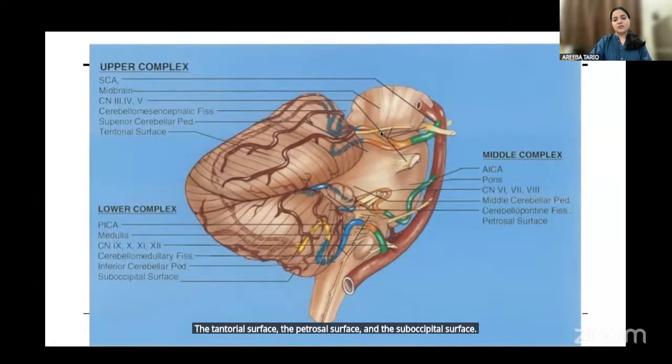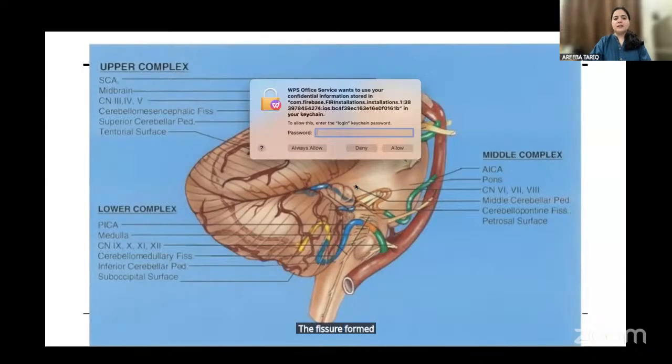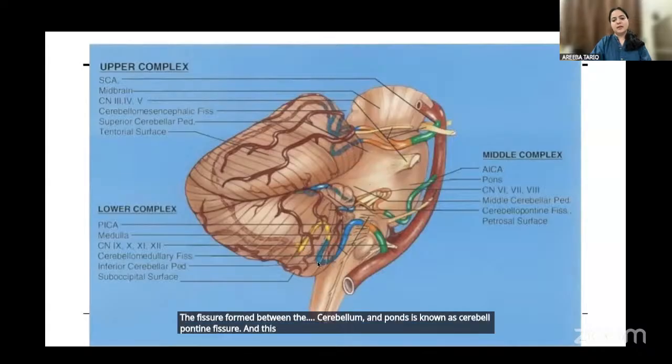There are 3 fissures. The fissure between the cerebellum and the midbrain is the cerebello-mesencephalic fissure. The fissure between the cerebellum and pons is the cerebello-pontine fissure. And the fissure between the cerebellum and medulla oblongata is the cerebello-medullary fissure.